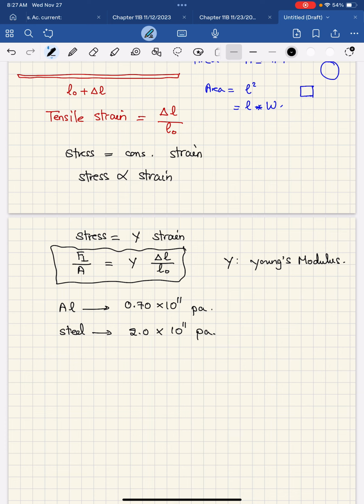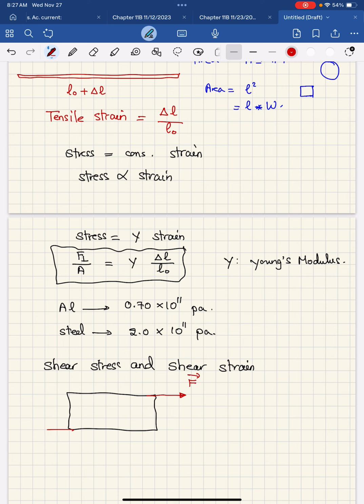Now, the second type is called shear stress, and of course, shear strain. Here, let's assume you have this object and you start adding forces.